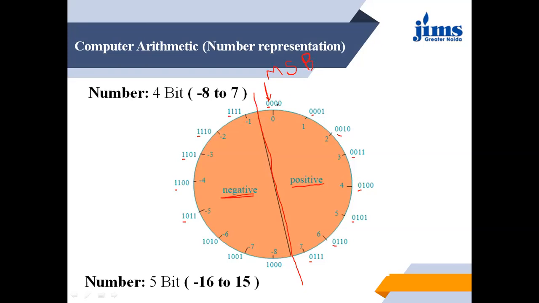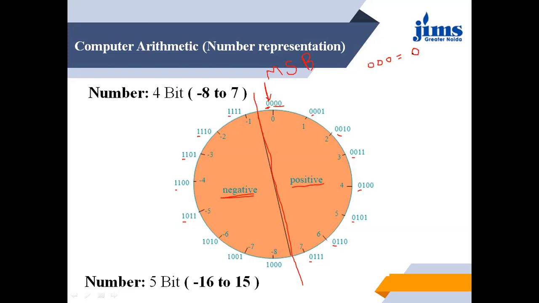When we leave out this sign bit, the remaining bits are 000, so the magnitude is 000, and the binary equivalent of this in decimal is 0.